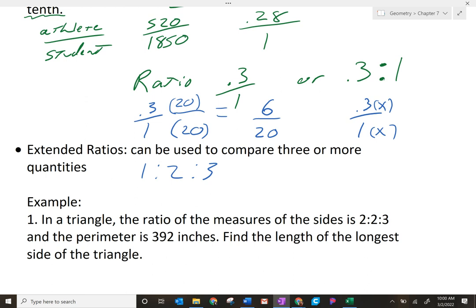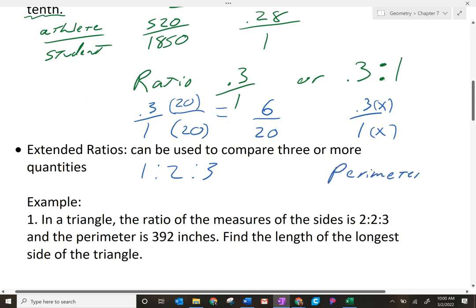All right, you'll see it when I get to the example, but quick refresher for everybody. If I'm looking for the perimeter of something, how do you find the perimeter? We just add up all the outside.